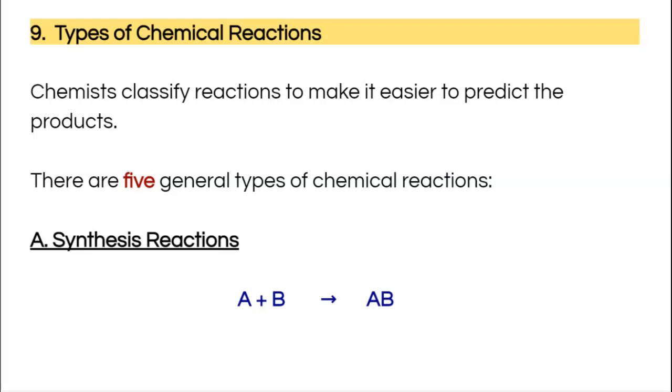Well, what I'm hoping you're seeing is that in this case, we have an element that's combining with a different element. And that creates a compound. Okay, so that is going to be your clue or your cue that this is a synthesis reaction.